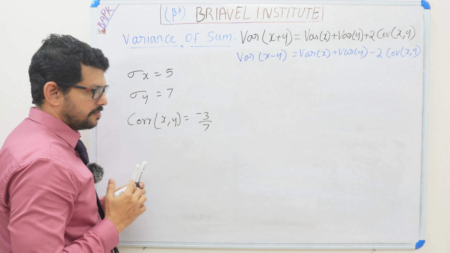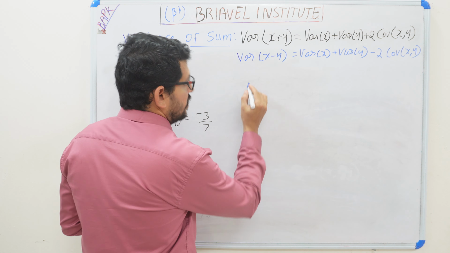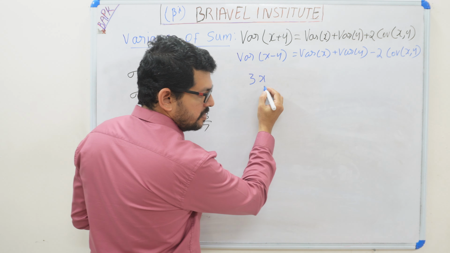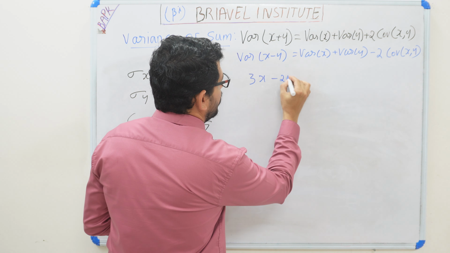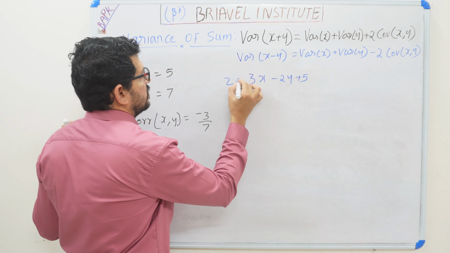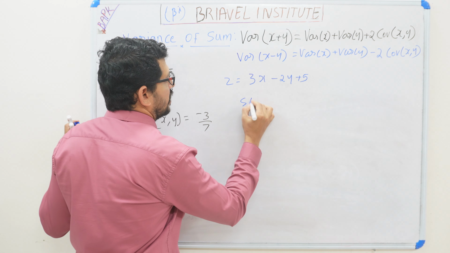Calculate the standard deviation of Z, where Z is 3X minus 2Y plus 5. We need to find the standard deviation of Z.